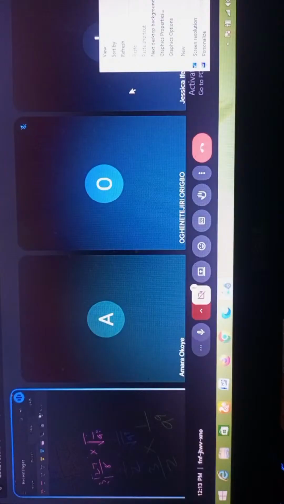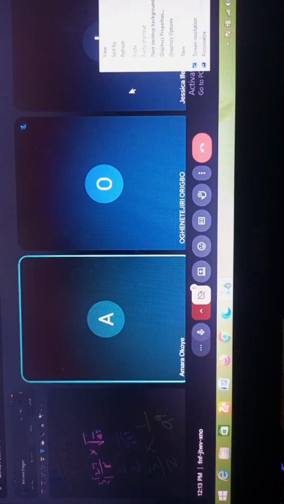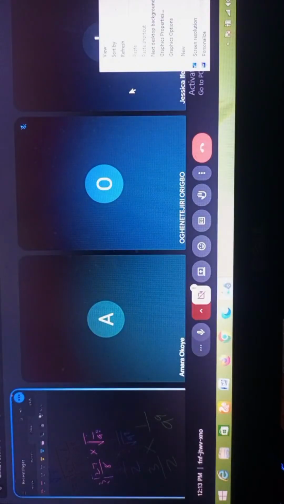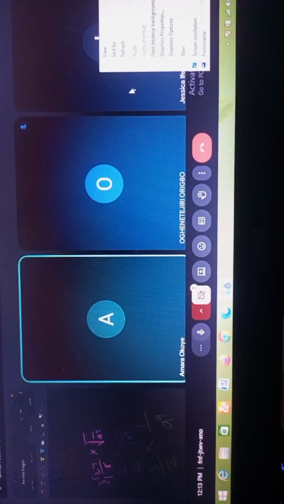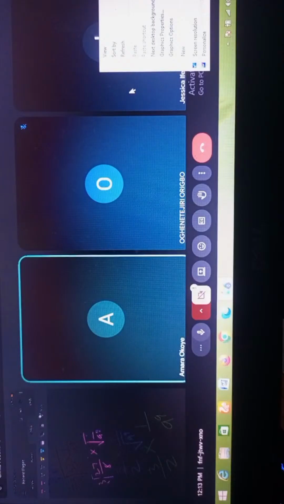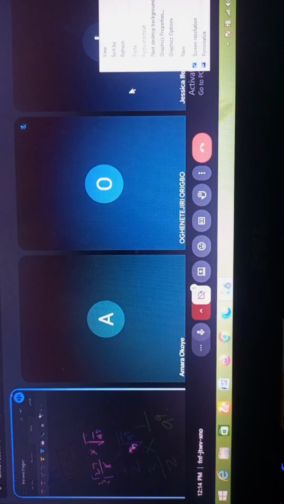Now remember what I told you about the third root. It was supposed to be third root. Why is it not showing very well? Okay, just manage this one.